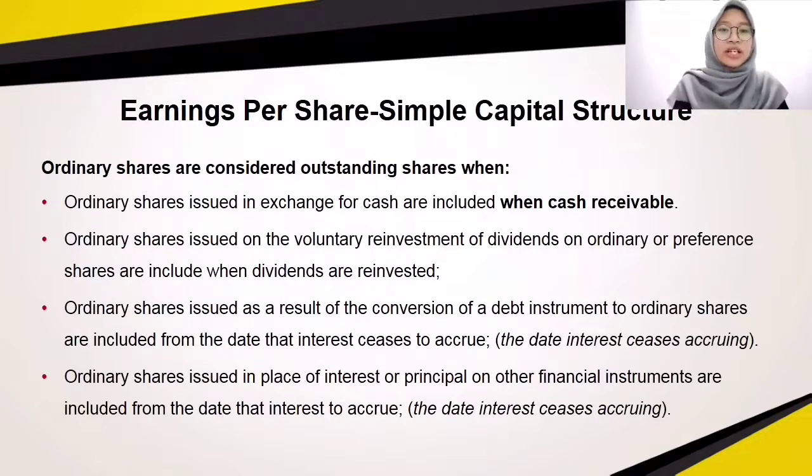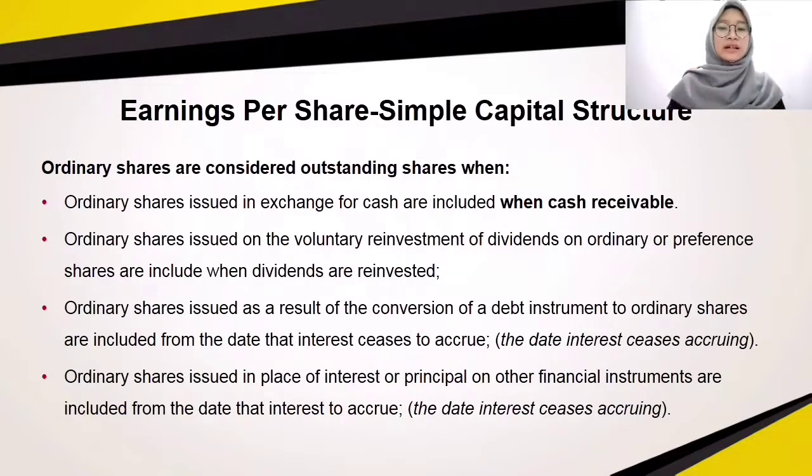Ordinary shares are considered outstanding when: first, ordinary shares issued in exchange for cash are included when cash is receivable. Second, ordinary shares issued on the voluntary reinvestment of dividends on ordinary or preference shares are included when dividends are reinvested.